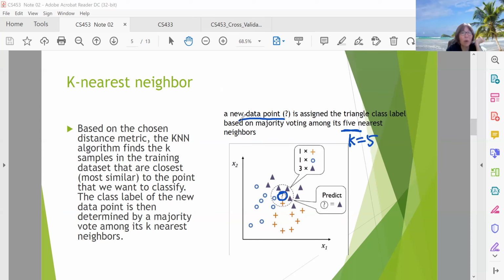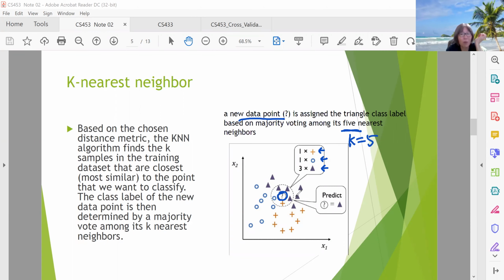A new data point. And for a new data point, how are you going to assign it to a class? In this case, we have 3 classes: cross, circle, and triangle. So how are you going to predict what class it is? The idea is you choose K, 5 nearest neighbors.